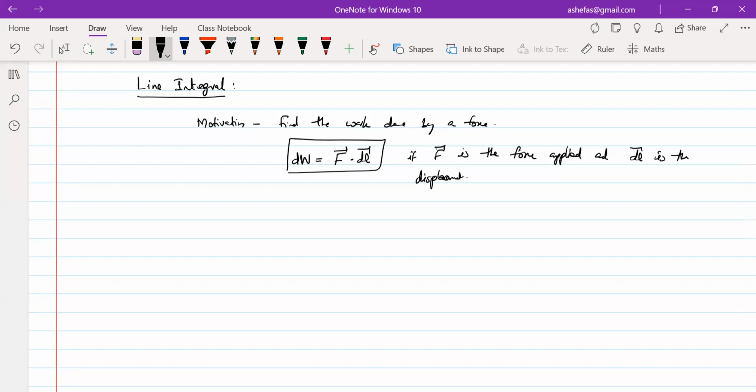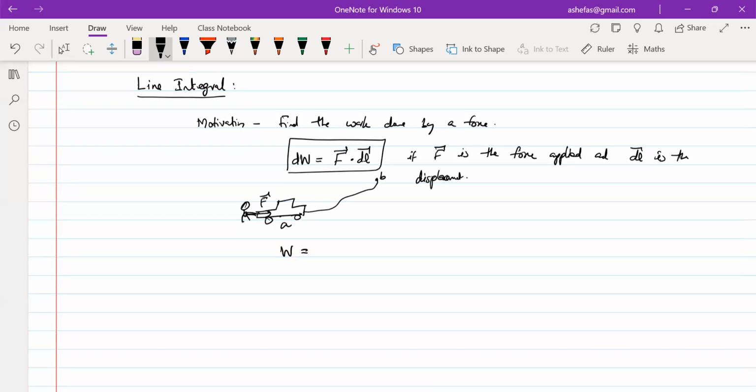Then what would be the total work? So what is the work over a distance? Suppose some particle we have, maybe a car, and somebody is pushing on it, and it moves from one point to the other point. Suppose it starts from A and reaches the point B. So every time it exerts some force and it moves from A to B. Then what is the total work?